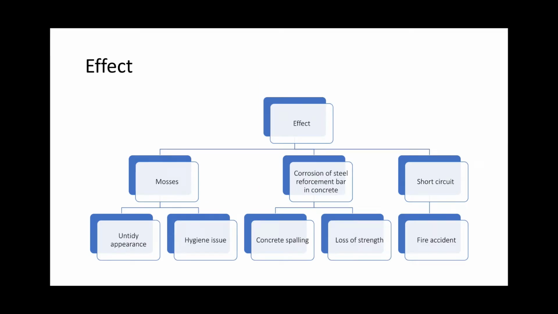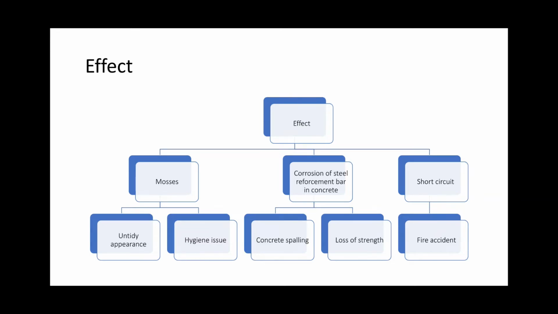Water seepage is a serious problem that may cause many dangerous impacts. First, it may cause mold on the building structure, which may lead to an untidy appearance and hygiene problems. Water seepage will also cause the corrosion of steel reinforcement bars in concrete.